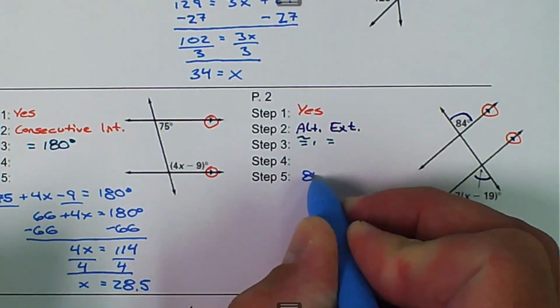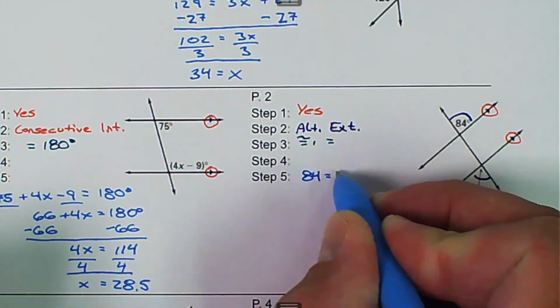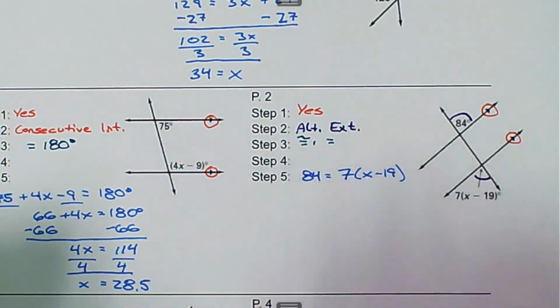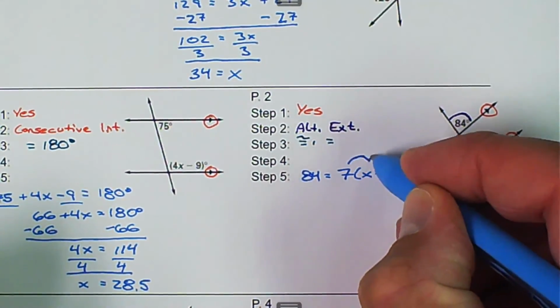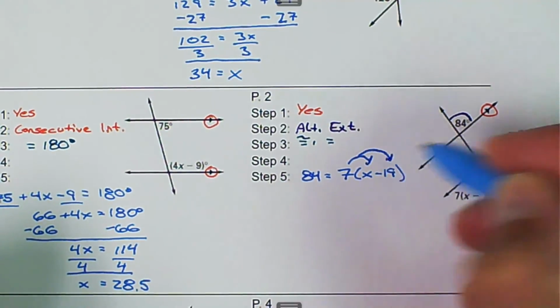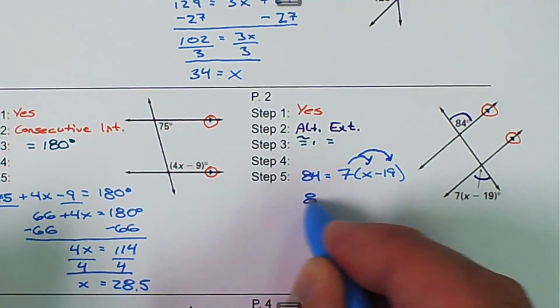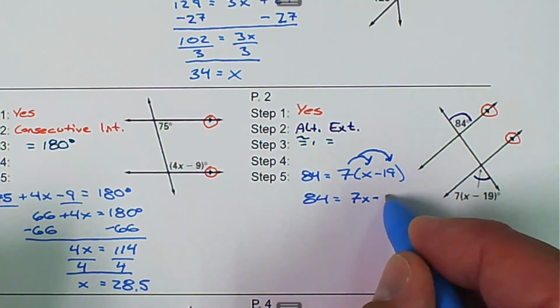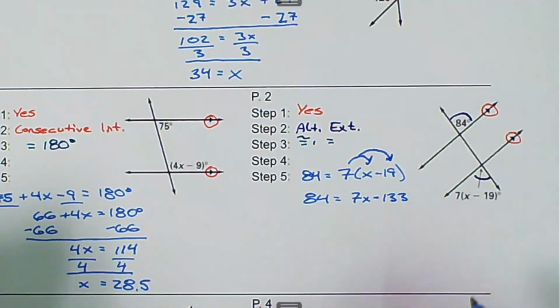So 84 is equal to 7 times the quantity x minus 19. If we use the distributive property of equality, we get 84 is equal to 7x minus 133.